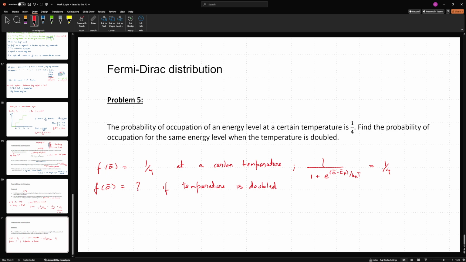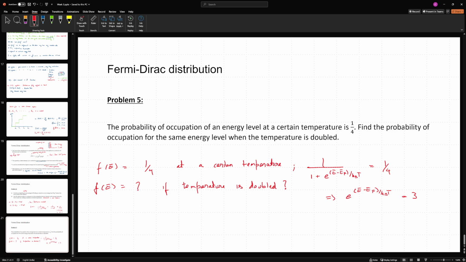Since this is equal to 1 by 4, there is one thing that I can directly say. That implies, if we do the fraction manipulation, take the reciprocal of the left hand side and right hand side and subtract 1, e to the power (E minus EF) by kBT is equal to 3.